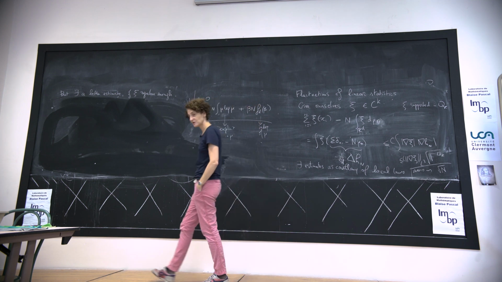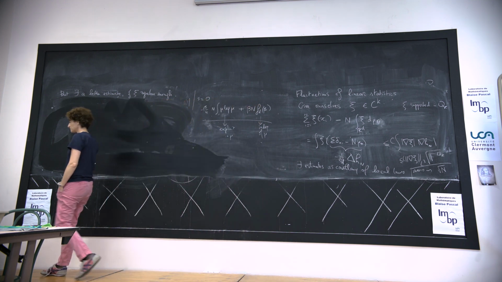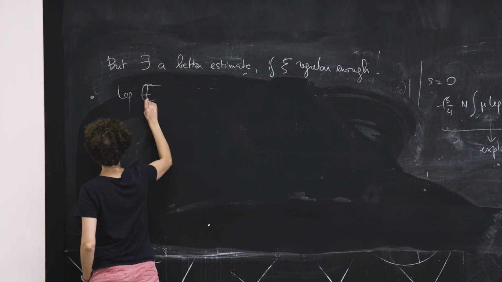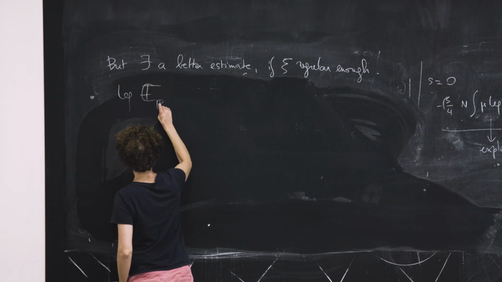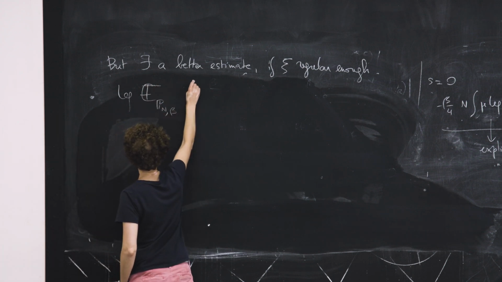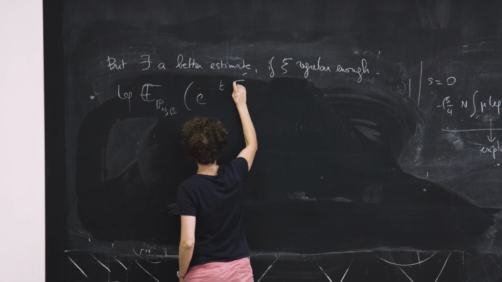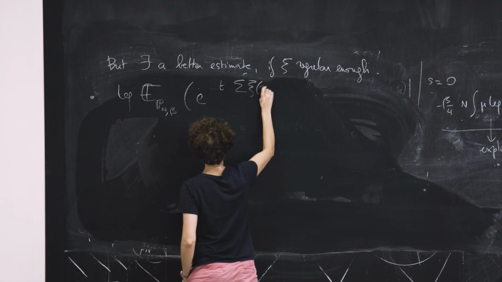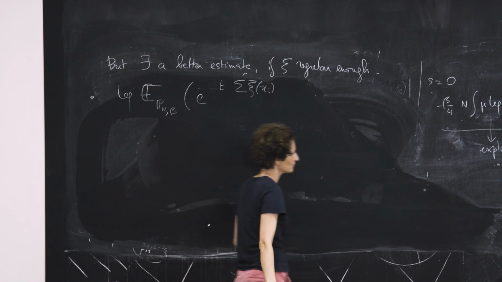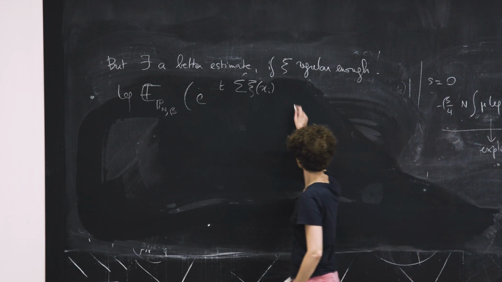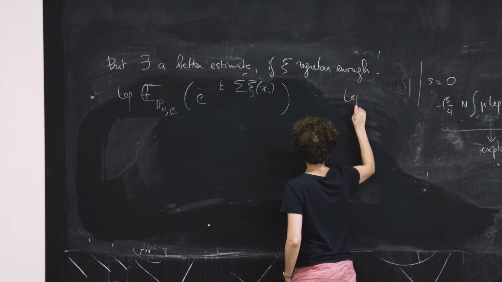We're going to study the Laplace transform of this random variable, or if you want, a moment generating function. So we're going to look at the log of the expectation of e to the t, let's say, sum of Xi of x_i. That will be enough because this thing is a constant. I can always subtract it later. Right? That would be the Laplace transform.